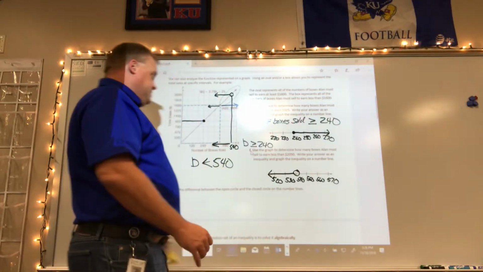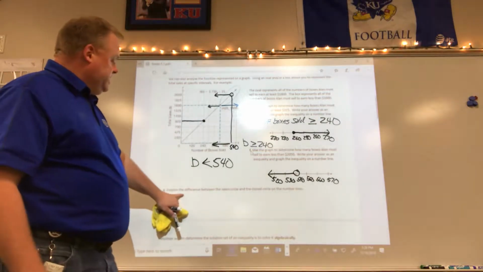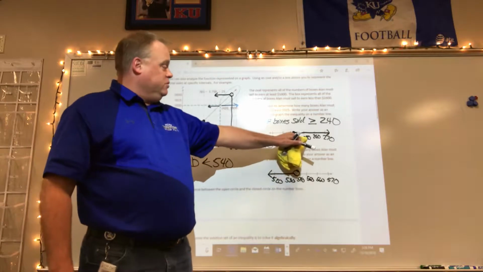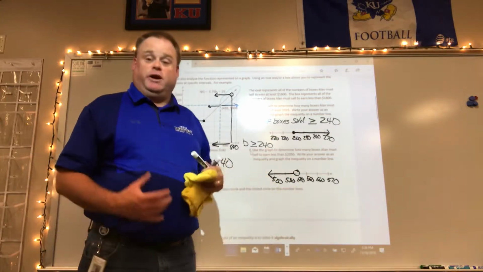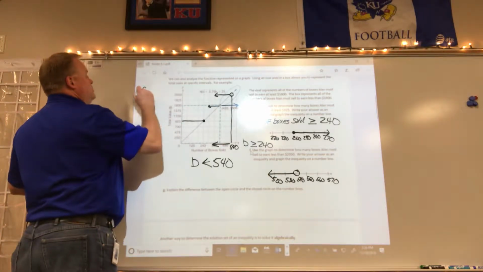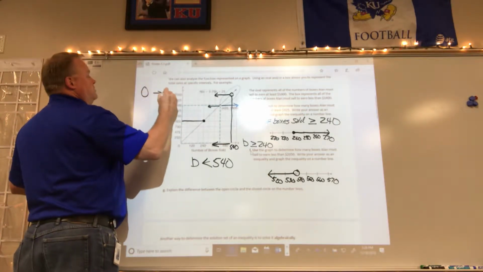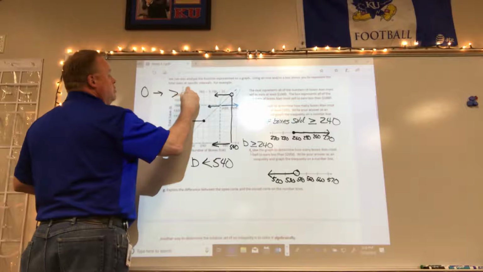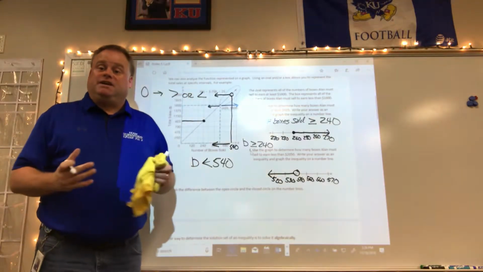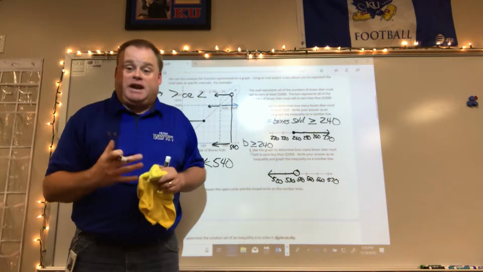So letter G says, explain the difference between the open circle and the closed circle on the number line. Now notice, I used a closed circle there and an open circle there. If I have an open circle, it's just with greater than or less than, because it's up to that value but not including it.